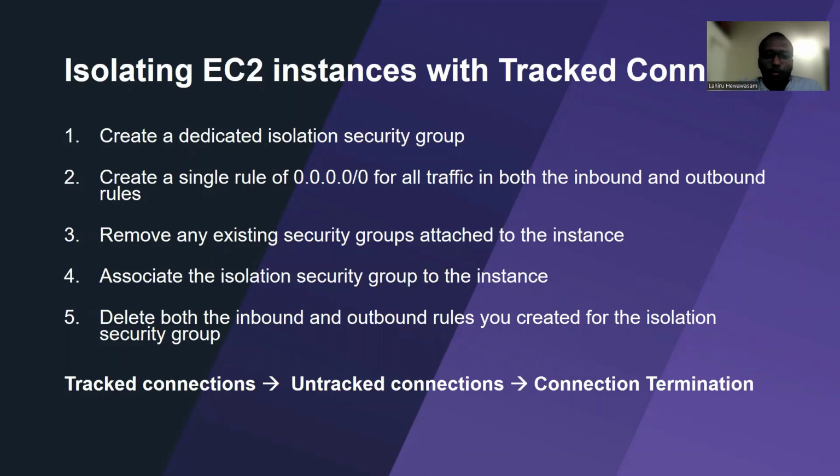What you do next is remove all the existing security groups that are attached to this instance, associate this new security group that we have created, and then delete the inbound and outbound rules that you just created. What this does is convert all the tracked connections to untracked connections, thus immediately terminating any connection that was associated with the EC2 instance.